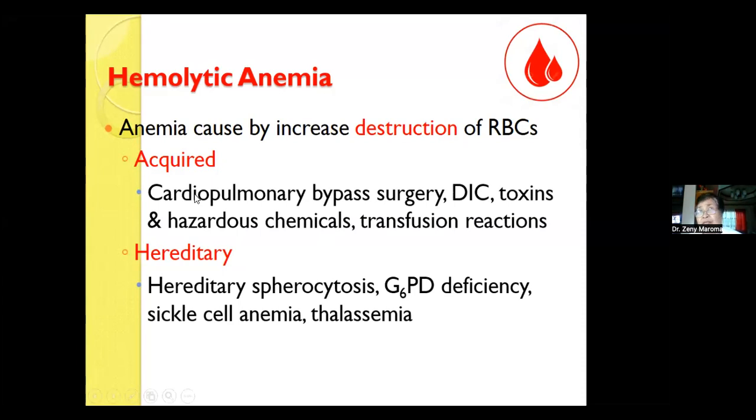Halimbawa, si pasyente ay may coronary artery disease, no? May bara sa coronary artery na hindi effective yung PTCA, percutaneous transluminal coronary angioplasty, kaya nag-CABG. Kinabit ang pasyente sa cardiopulmonary machine. So, yung dugo hindi papasok sa right atrium to the superior vena cava habang nag-oopera, habang nagba-bypass.